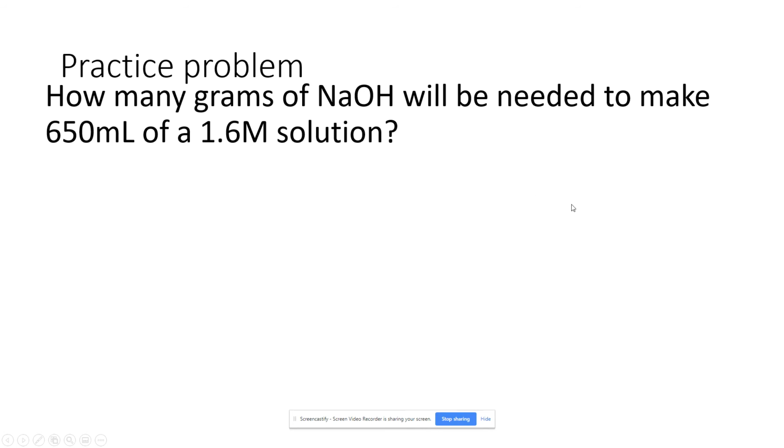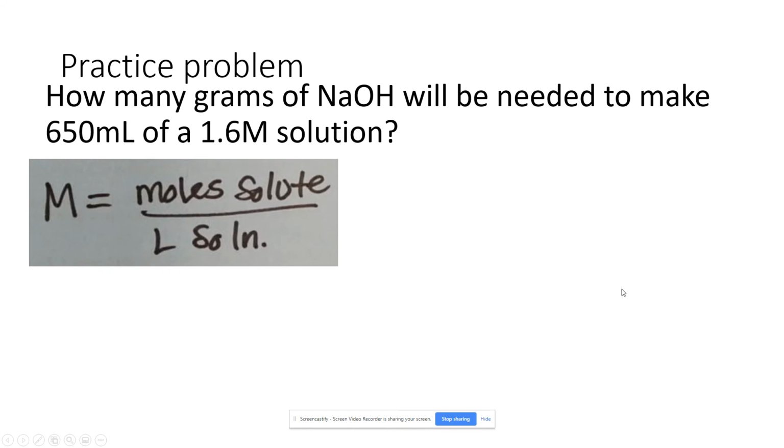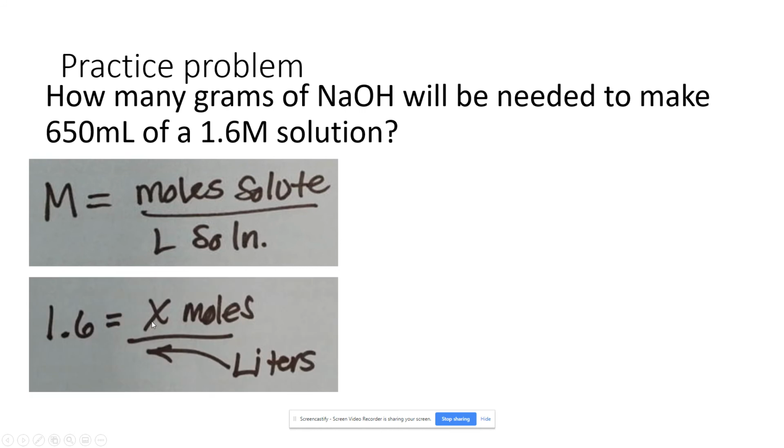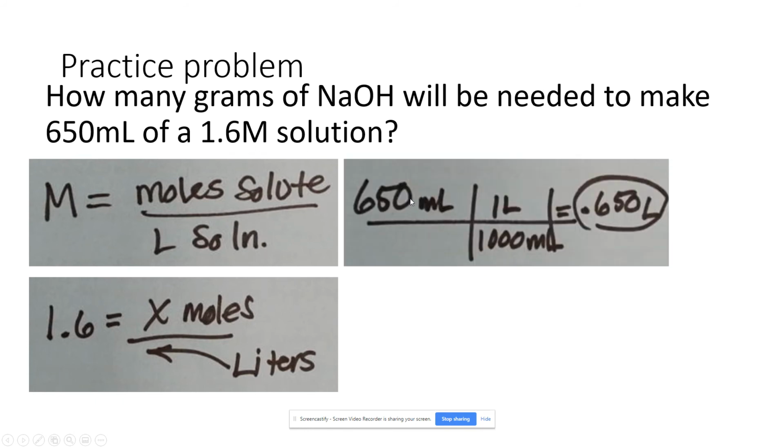First, think about your molarity formula, and then think about what the givens are in this problem. 1.6 M plugs in for M. But you don't know the moles and you don't know the liters, though you can get to the liters. Starting with the 650 milliliters, convert that by dividing by 1,000, and plug that in for the liters.